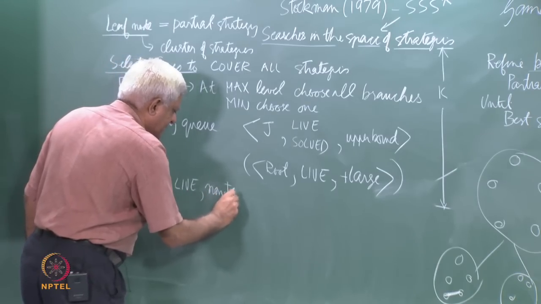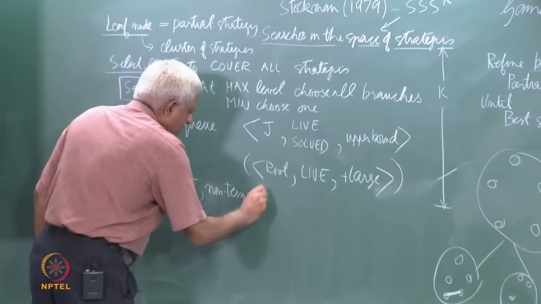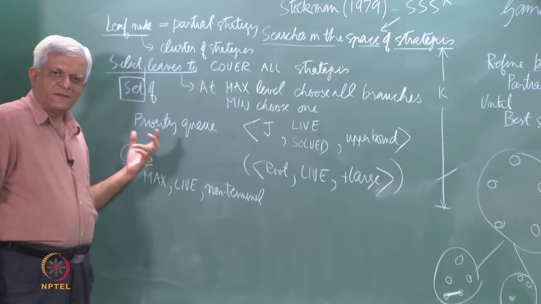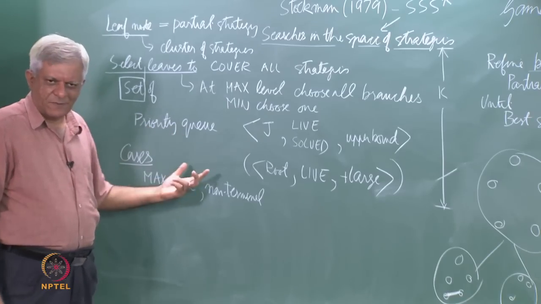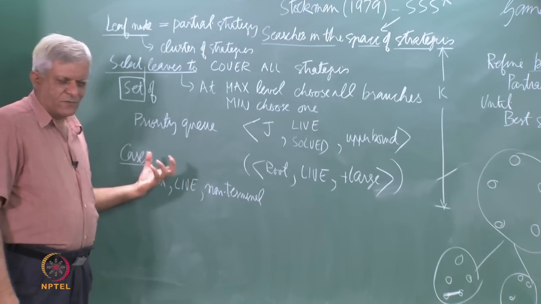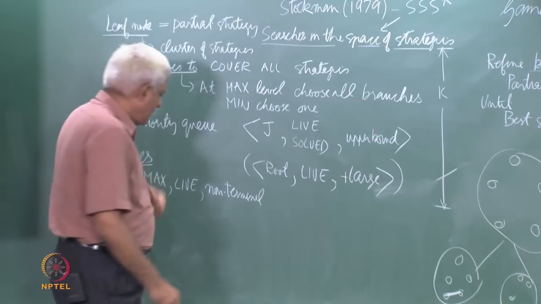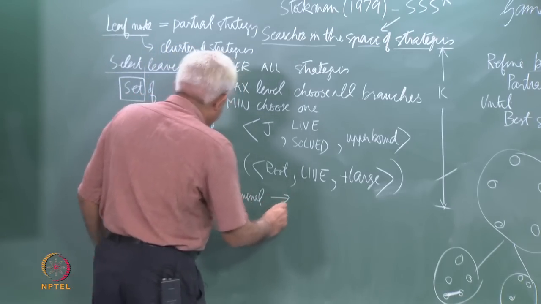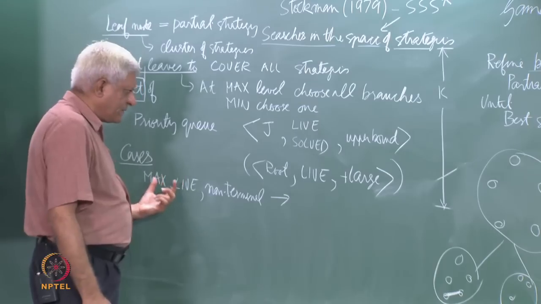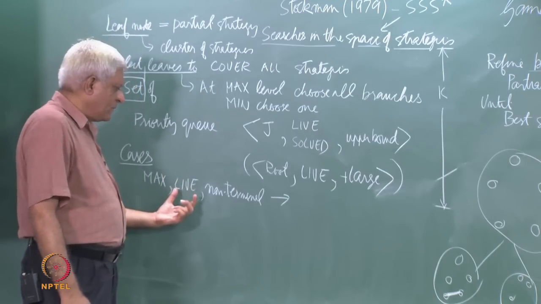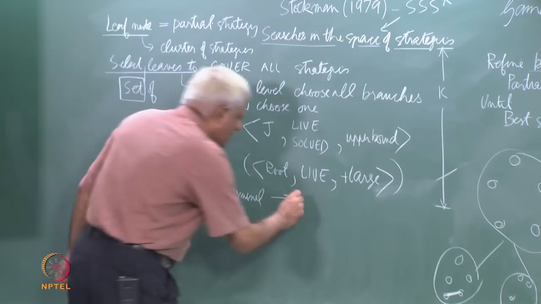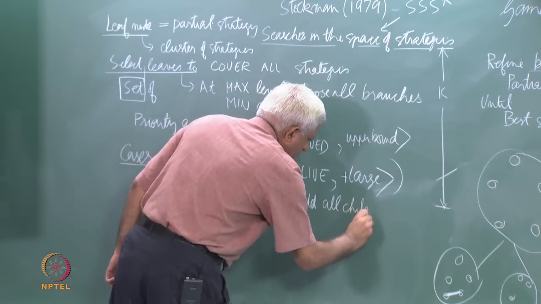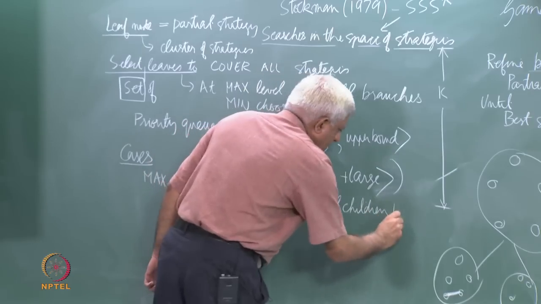So, somewhere there is this test. Remember that terminal nodes are nodes on the horizon, and at the horizon we are allowed to apply, in fact we have to apply, the evaluation function and get a value for that node. If it is a max node, and it is a live node and it is non-terminal, then add all children to the queue.